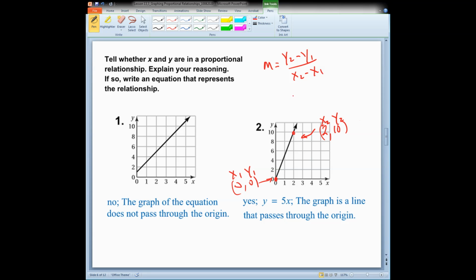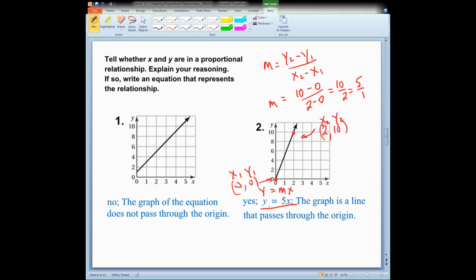I put these values into the slope formula, and I get 10 minus 0 divided by 2 minus 0, which equals 10 over 2, which equals 5 over 1. So the slope is 5. Well, look at this formula, y equals 5x. Remember, this is in the format y equals m times x.